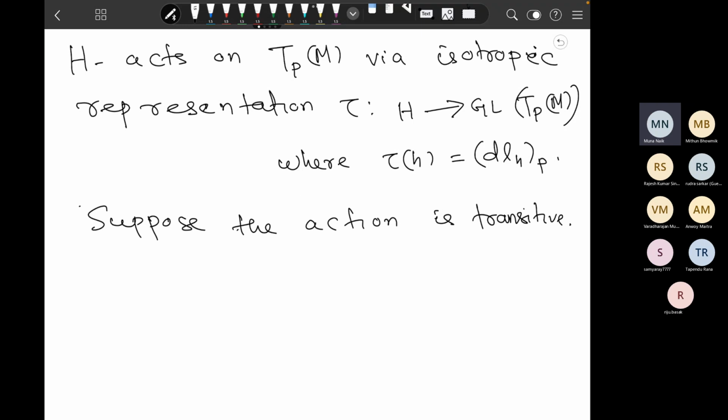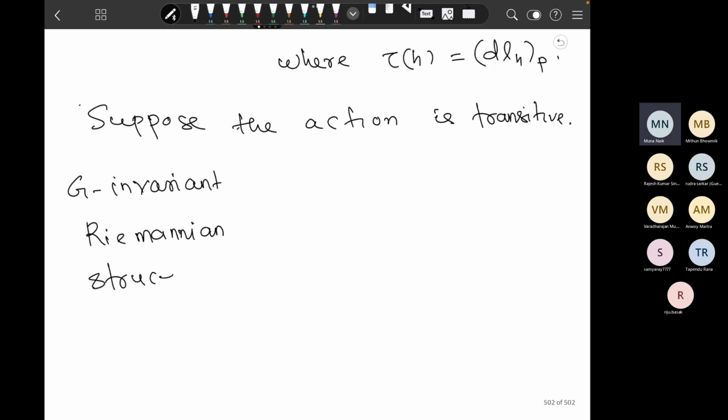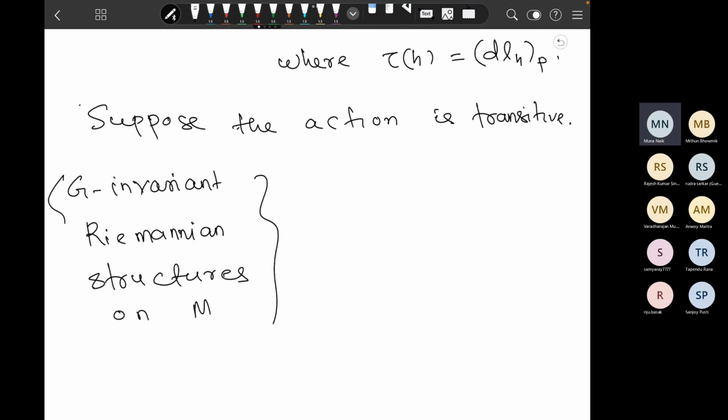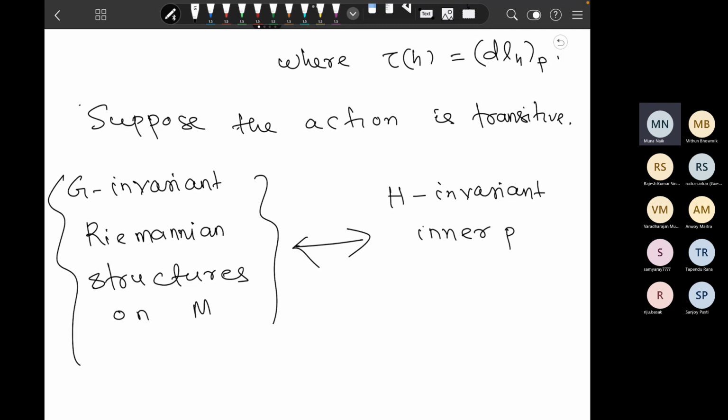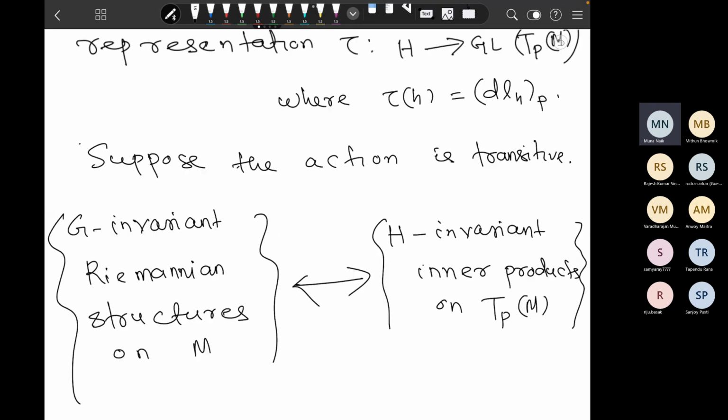So we have seen that the G-invariant Riemannian structures on M correspond one to one to the H-invariant inner products on T_pM. Okay, so that is the thing.